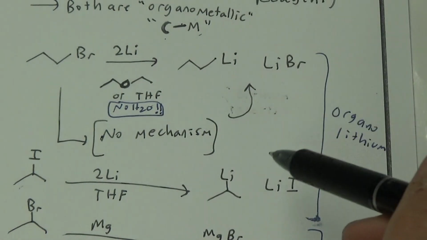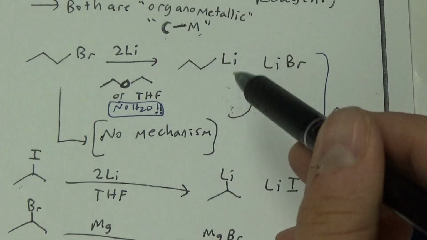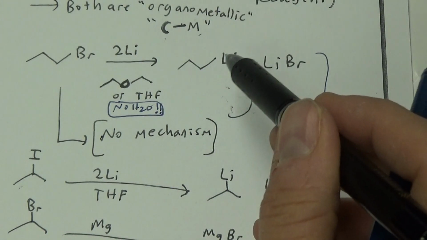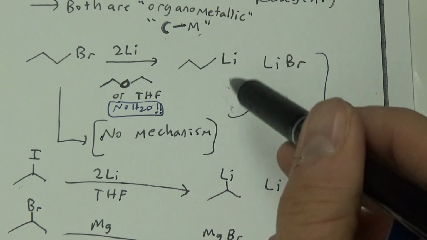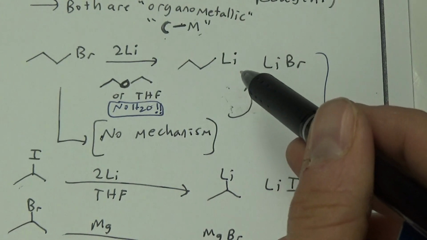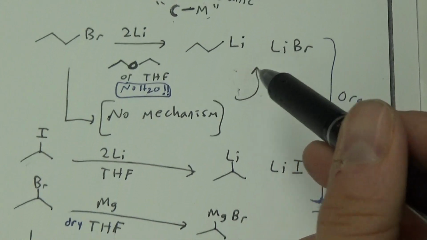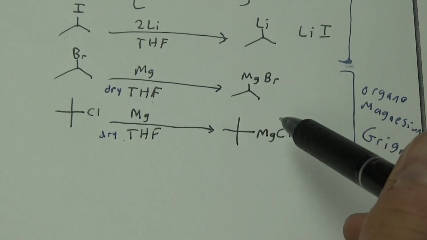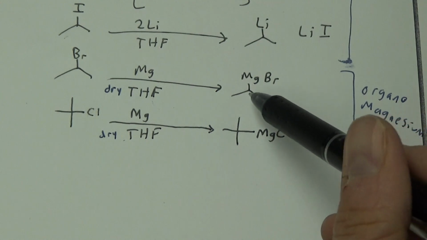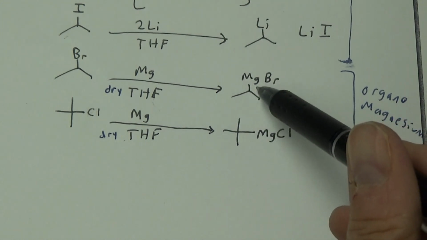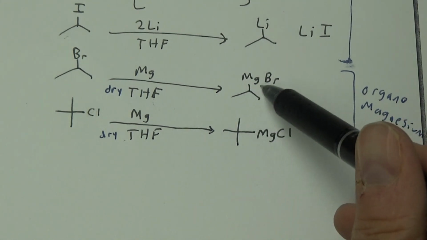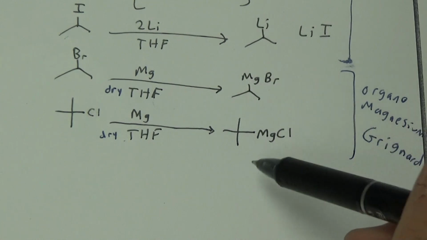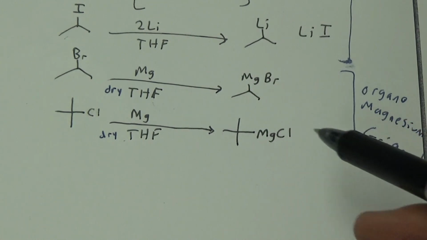Okay, so the difference in structure is that the lithium is just attached by itself. It's monovalent, right? Lithium is a monovalent metal. Magnesium is divalent, right? Magnesium is in the second column of the periodic table, and it likes to bind to 2 things. That's why it inserts, and then you have a carbon magnesium bromide, carbon magnesium chloride. Okay.